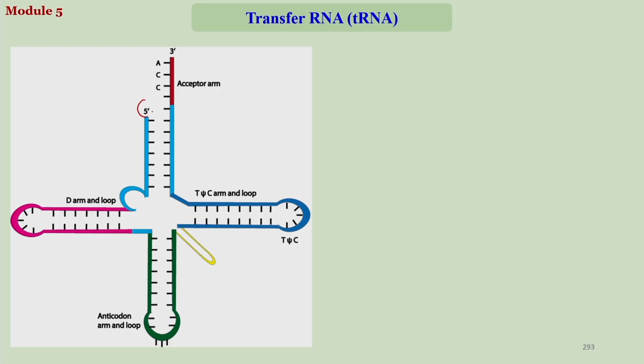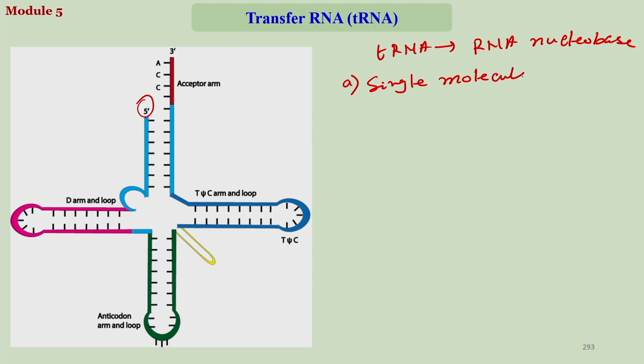It starts with a 5 prime end, it is RNA of course, so tRNA contains RNA nucleobases. It is a single RNA molecule, which basically means it is a single stranded compound that starts with a 5 prime end.